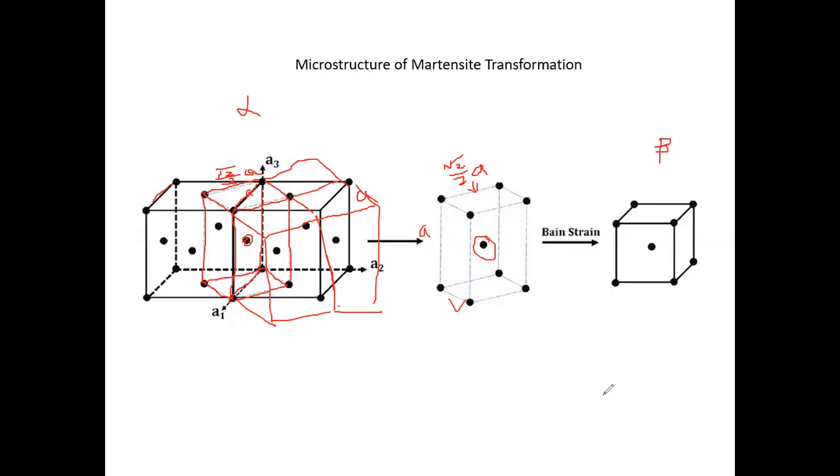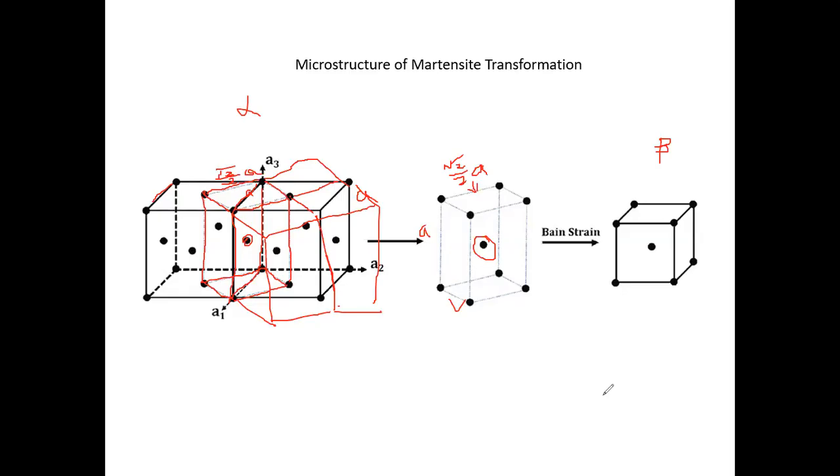We see that, okay, now it makes more sense, right? Apparently, FCC and BCC do not have any connection if I look at the cubic system, but now if you look at the cuboids of FCC, you see that at least I have the correct arrangement of atoms as in BCC. Now, the only thing I have to fix is the edge length, right? Because now it's not a cube.